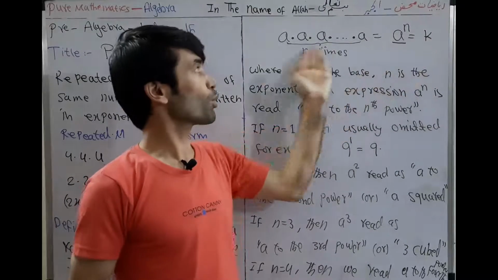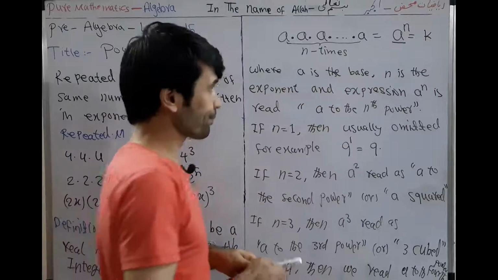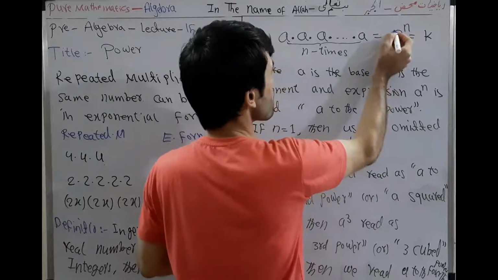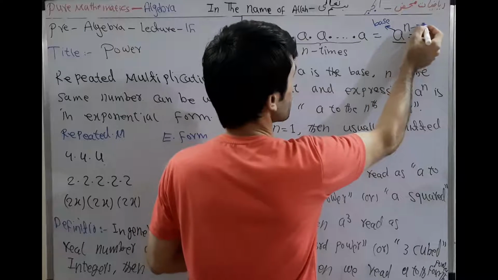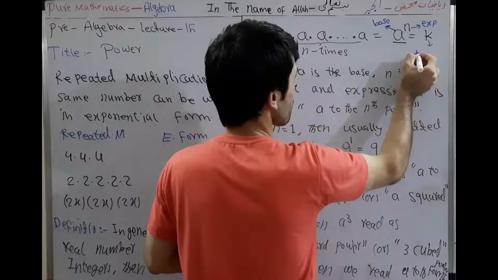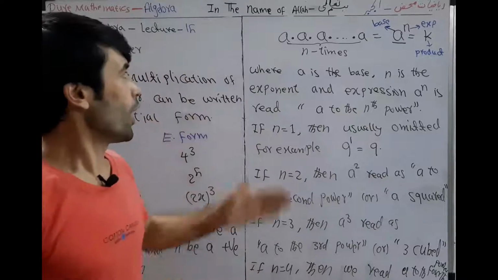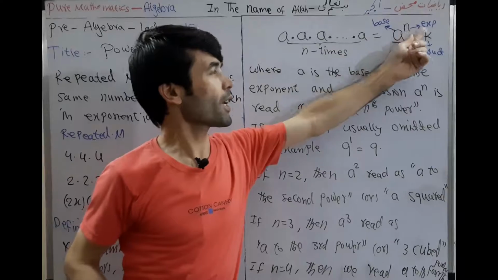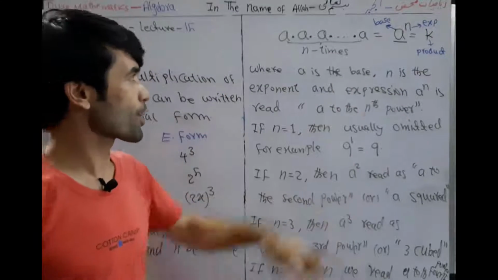Here the product of these numbers is equal to k. Here a is the base, n is the exponent, and k is the product of this expression.